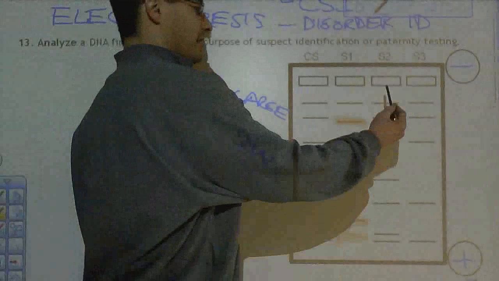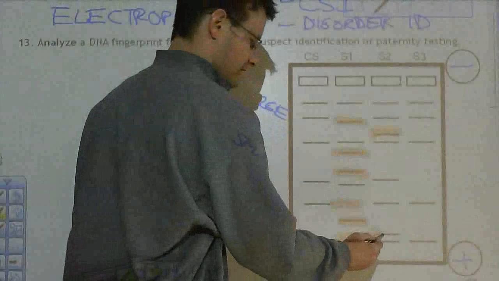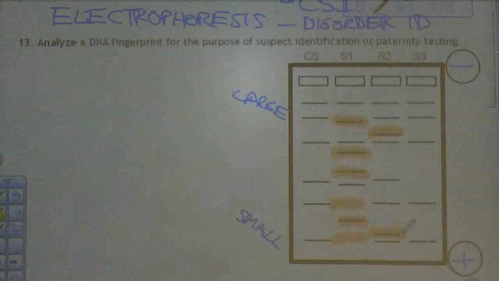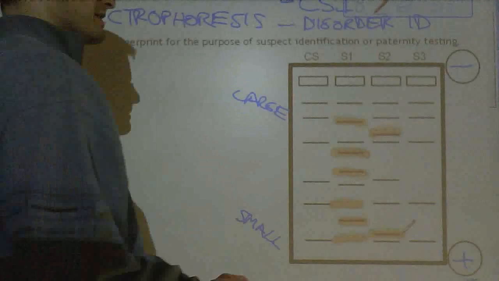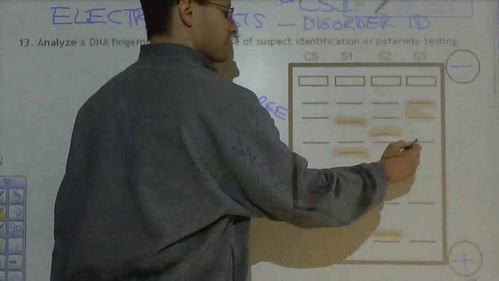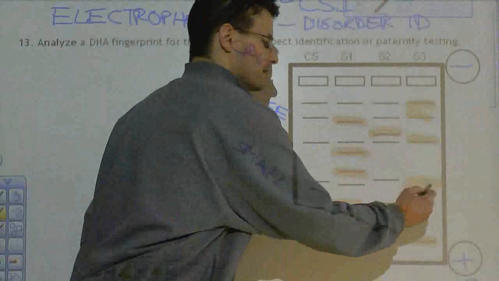Then we go through and analyze suspect number 2. We have extra DNA here, extra DNA here, showing that our suspect is also not guilty. And suspect number 3 matches up perfectly here at all those points, except for right here.